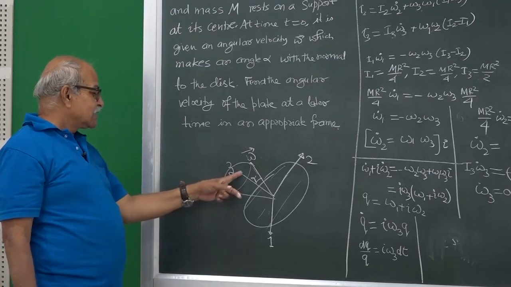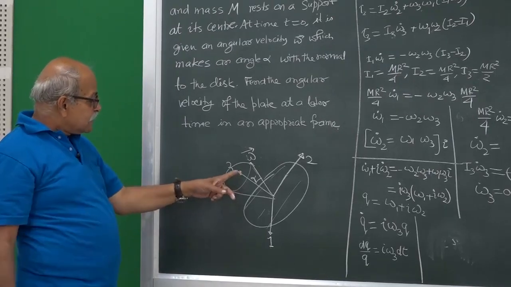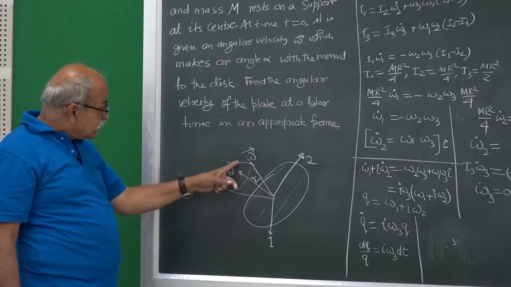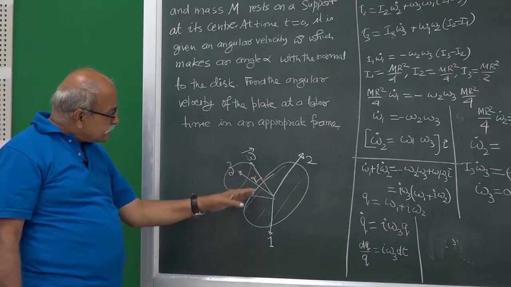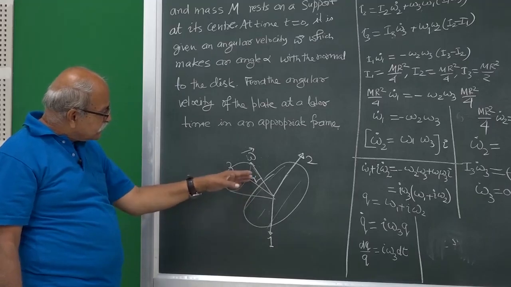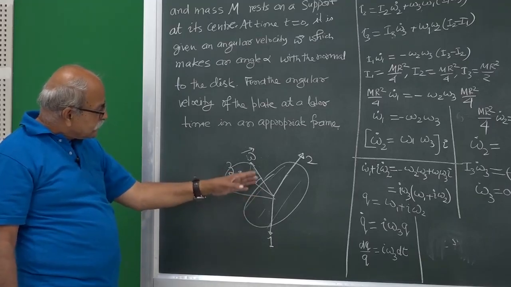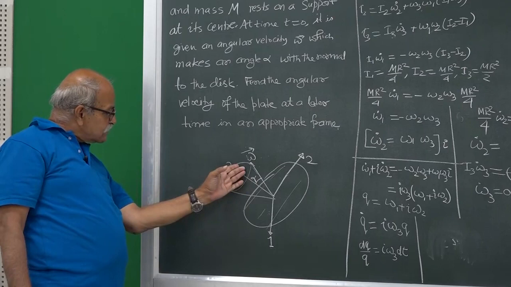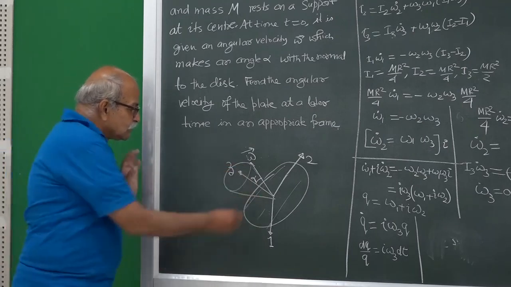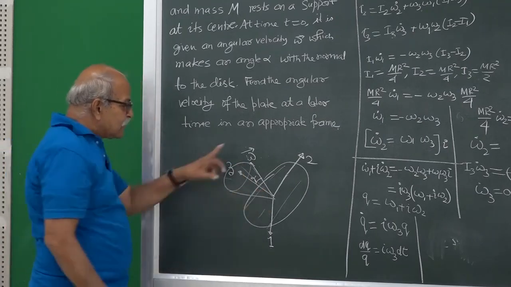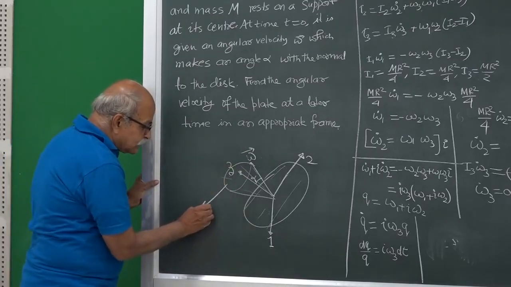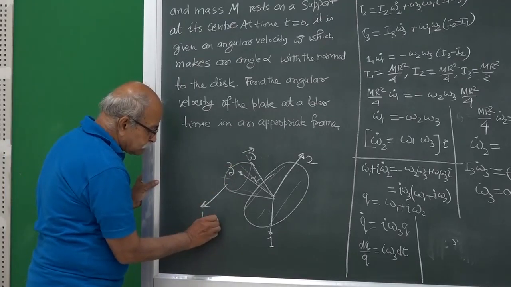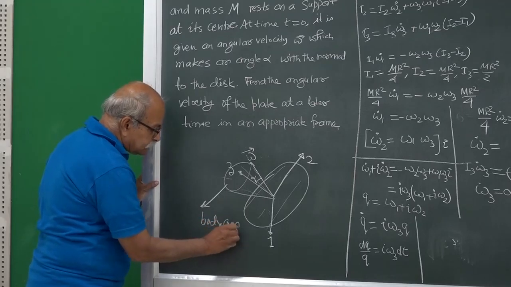So, this 3 axis is fixed in our body, and in that frame the axis of rotation has to change this way. The body is rotating about this, then about this, then about this. So, these vectors are changing with time, and this cone is known as the body cone.